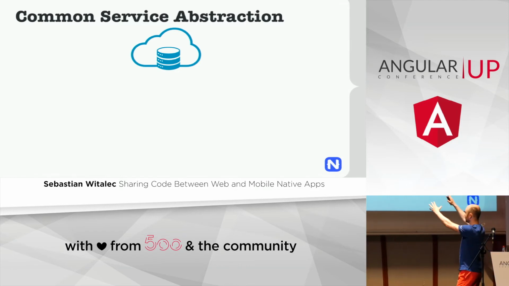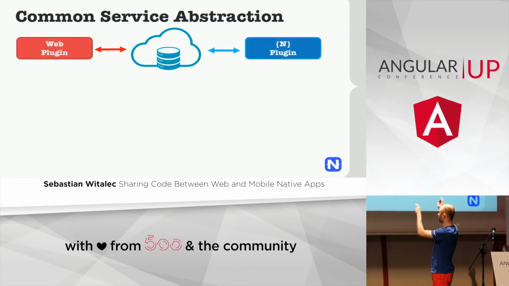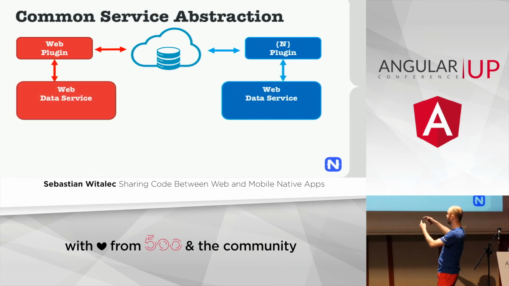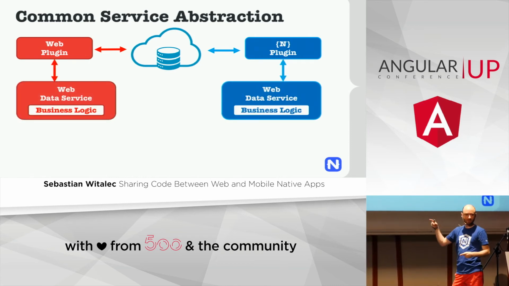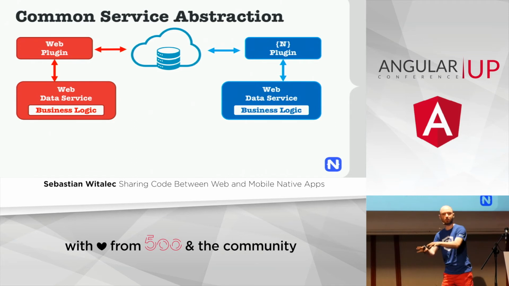If this is our service in the cloud with two different plugins, we could create an abstraction on top of the services. We could have our backend.service.ts and backend.service.tns.ts, and implement the same business logic twice, calling maybe our login function and a couple of other things.